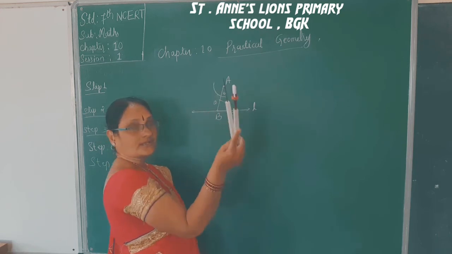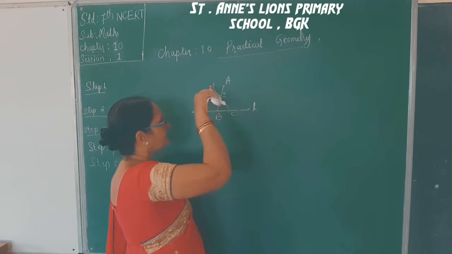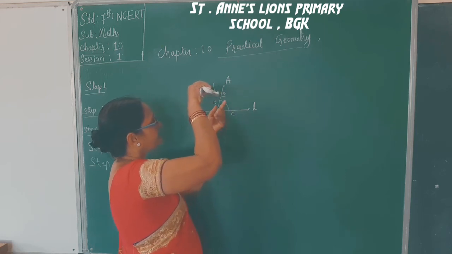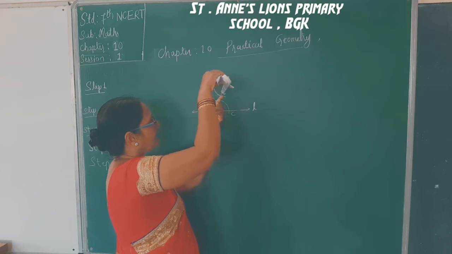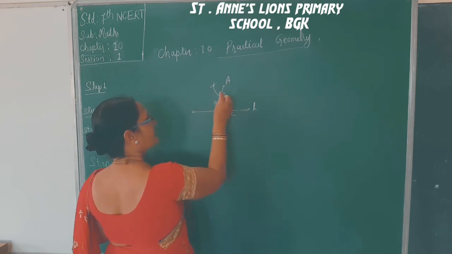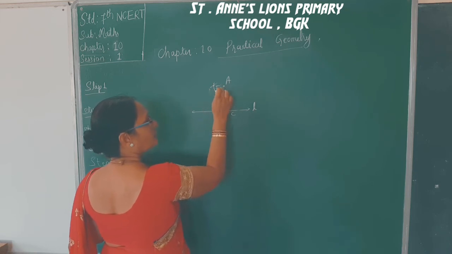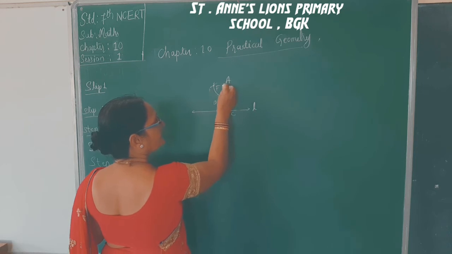That much only. Now, E as the center, you just cut this arc. See, like this. Cut this arc at point F. This is E, no? This is F. Now what you have to do? Join this E, A and F.